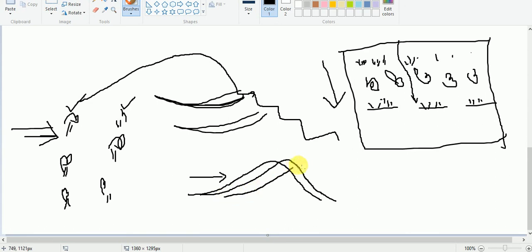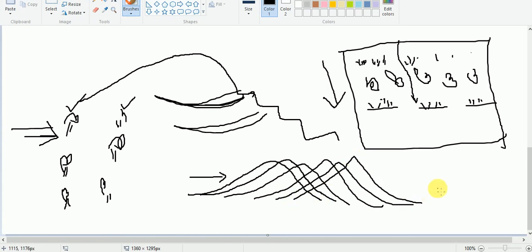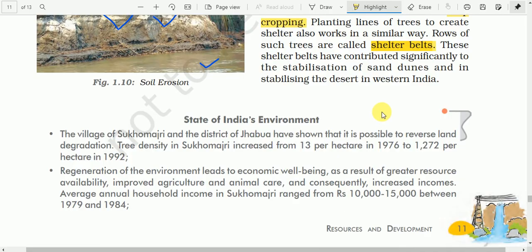This process will continue, and in this way the sand dunes are moving. This is a very serious condition, so it can be checked by shelter belts. The moving of sand dunes can be checked by shelter belts, and this is mainly practiced in the deserts in the western part of India.